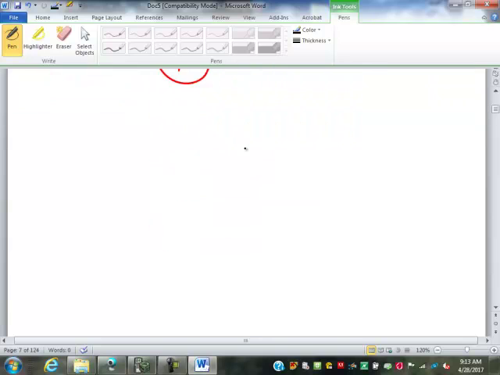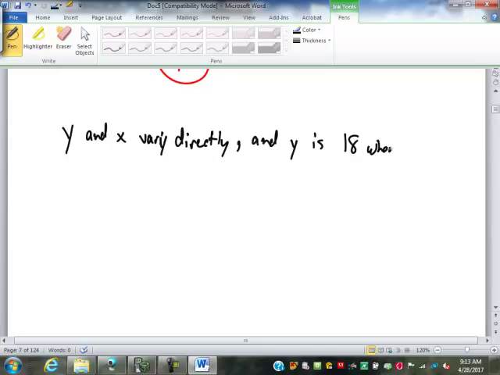So a slight variation of that would look like this. Y and x vary directly. And let's say y is 18 when x is 9.